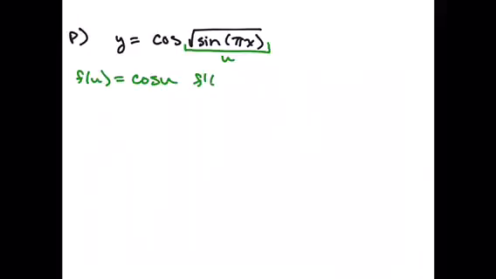Then its derivative would be negative sine of u, or negative sine of the square root of sine of pi x. Okay, so that's the derivative of my outermost piece of the function. And I know I'm going to run out of room, so I'm going to come over here and write that on this other slide. So our first part is negative sine of the square root of sine of pi times x.